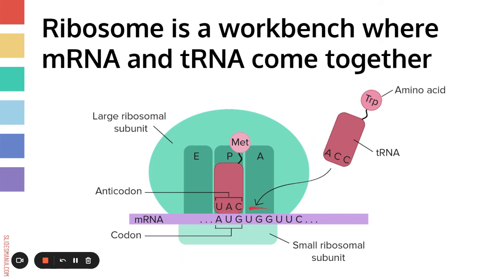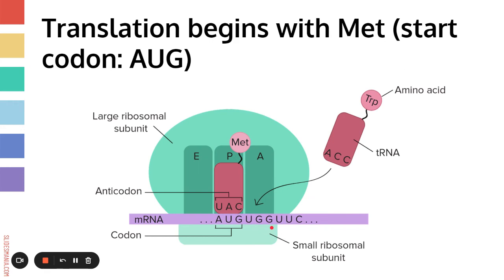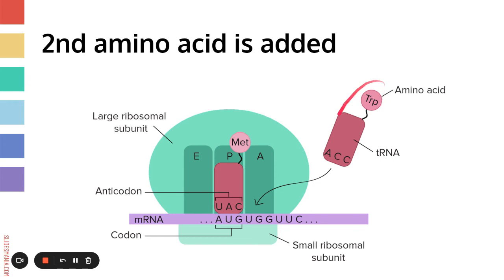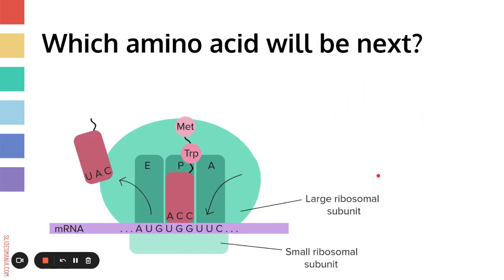So that's going to come in next based on this UGG codon. So translation is going to start with MET, codon AUG, and then the second amino acid is going to be added, and that's tryptophan here. So here we've got our first amino acid, methionine, and then our second amino acid got added here, tryptophan.